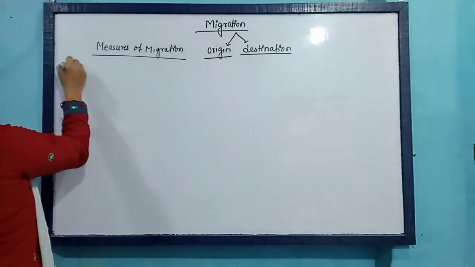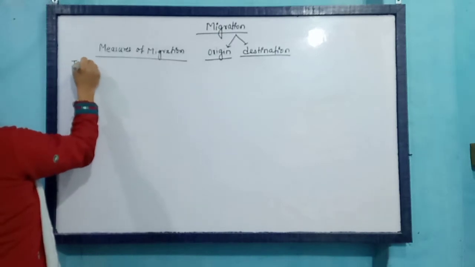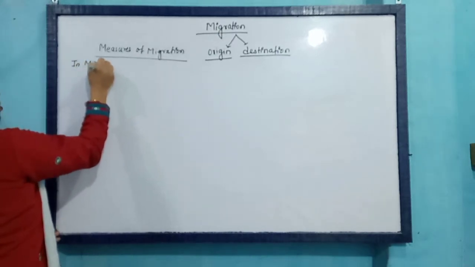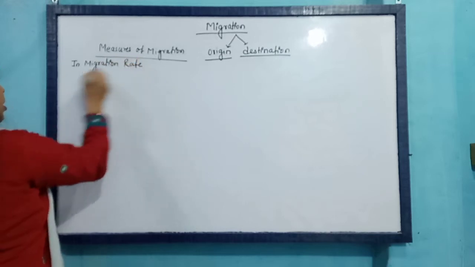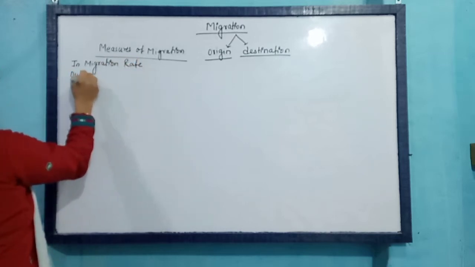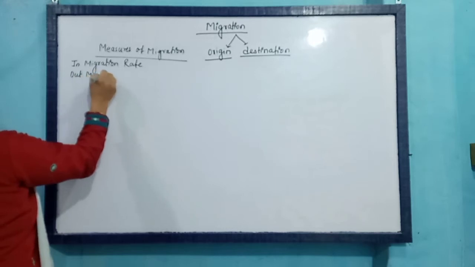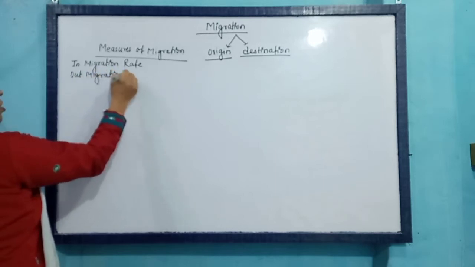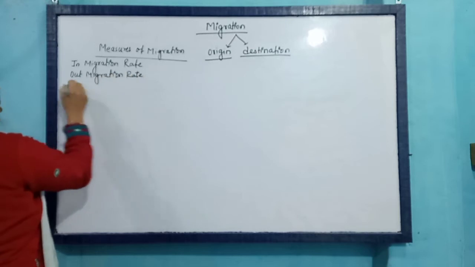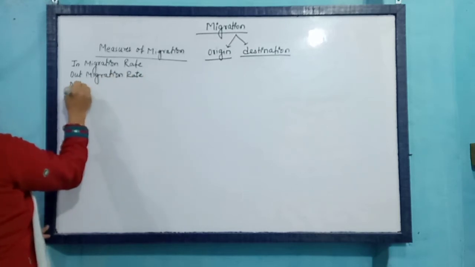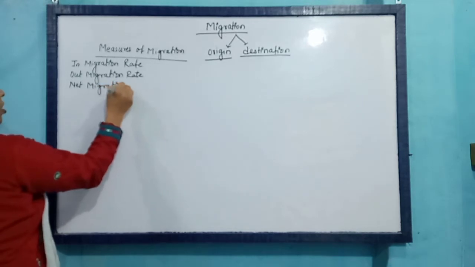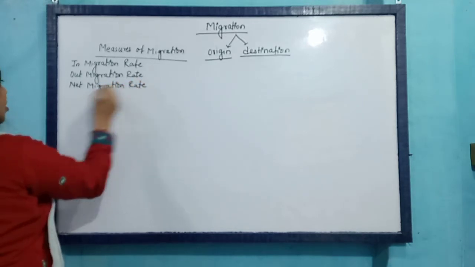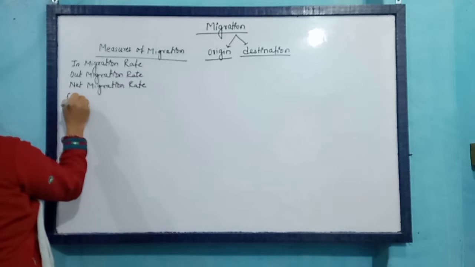These are in migration rate, another is out migration rate, another one is net migration rate, and another one is gross migration rate.